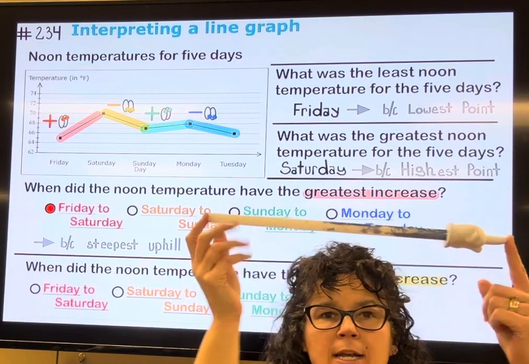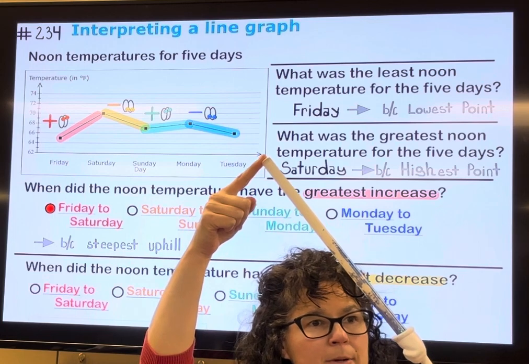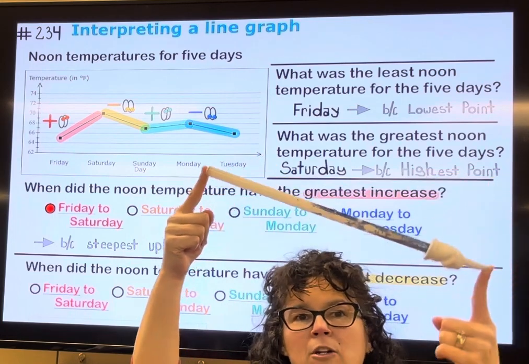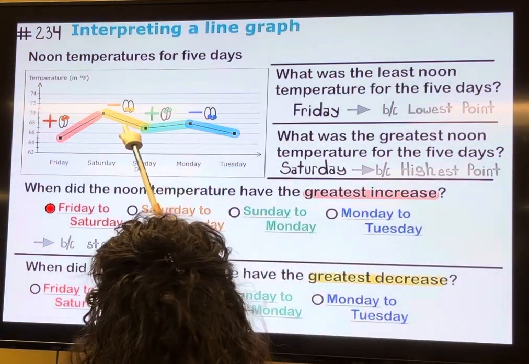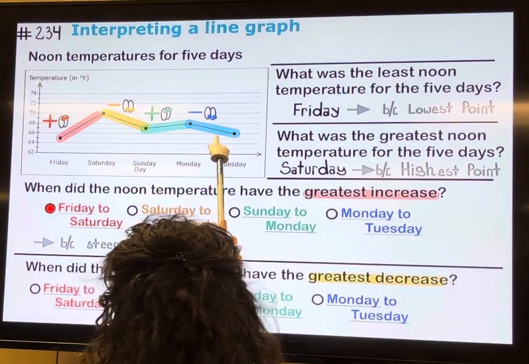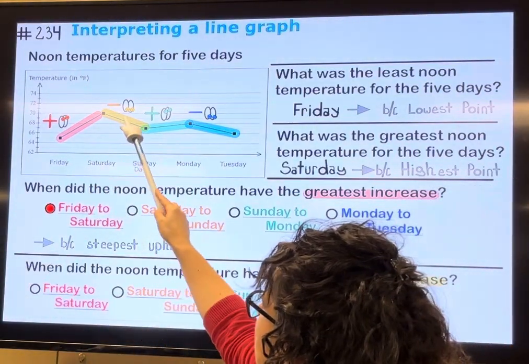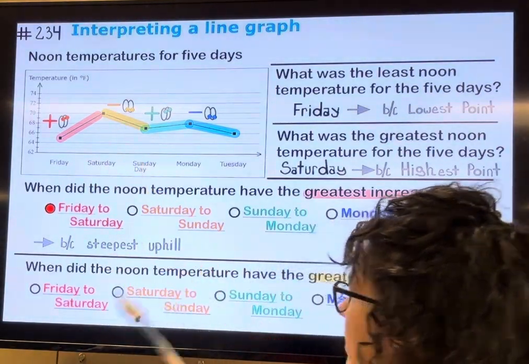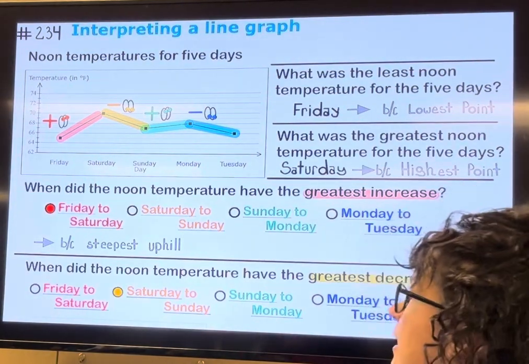And whichever one goes down by a lot is going to be very steep. But if it only goes down by a little bit, it won't be nearly as steep. So comparing the steepnesses, this orange one is a lot steeper than the blue one. So the orange one is going to be the greatest decrease. So that's going to be from Saturday to Sunday.